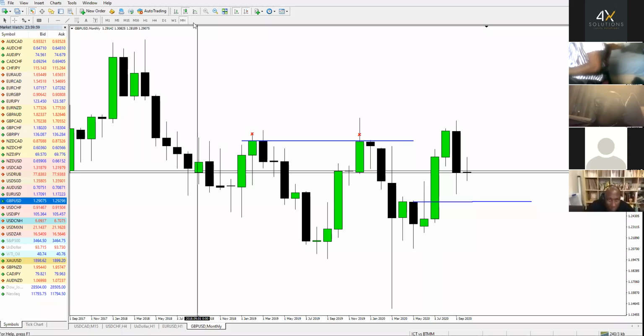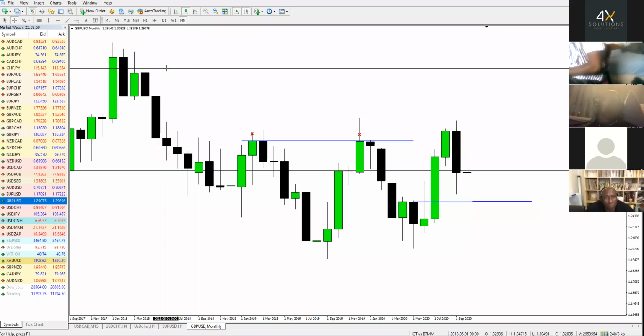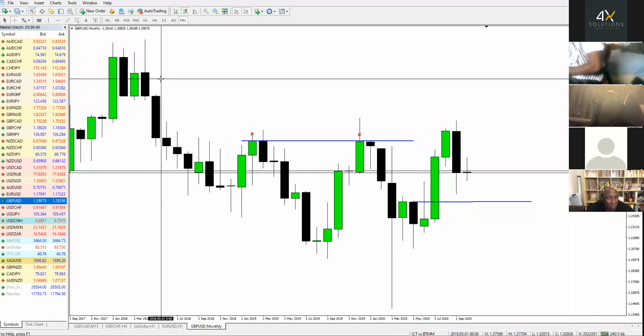It's not always about wick liquidity. Closing price liquidity on a higher time frame is important. When you say higher time frame, it's monthly, weekly, daily. When you go to lower time frames, 4 hour, 1 hour, 15 minutes, it can be closing price liquidity and wick liquidity, equal highs, equal lows.